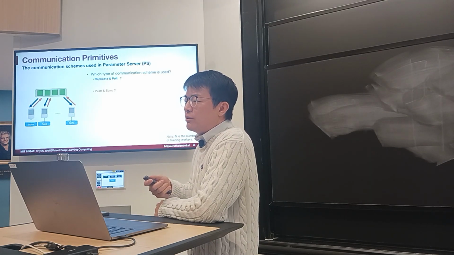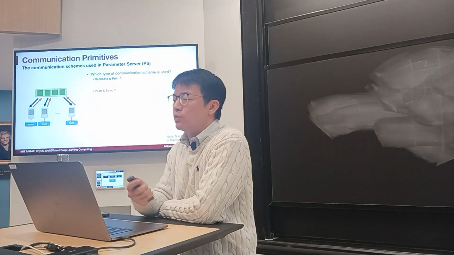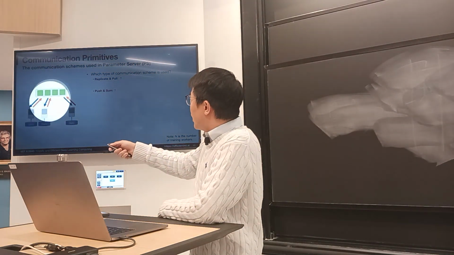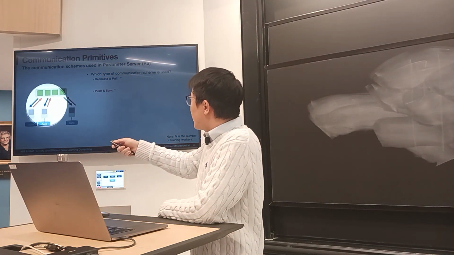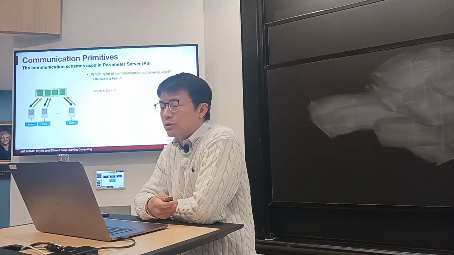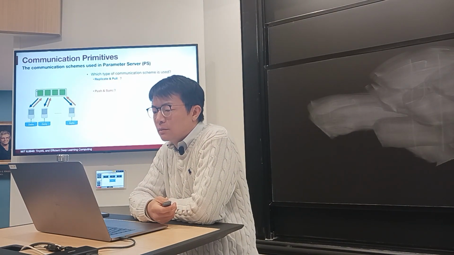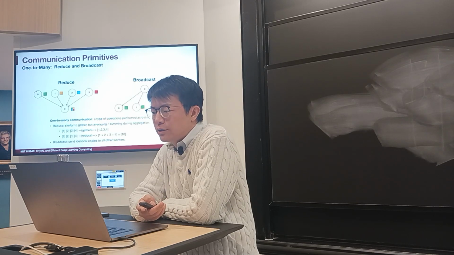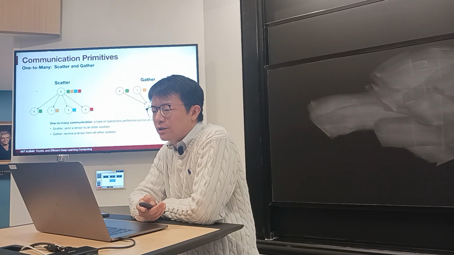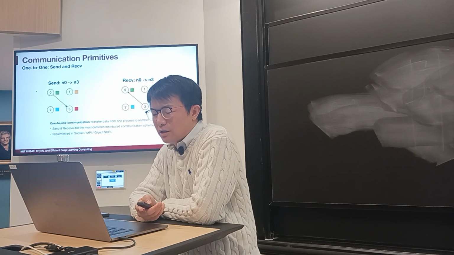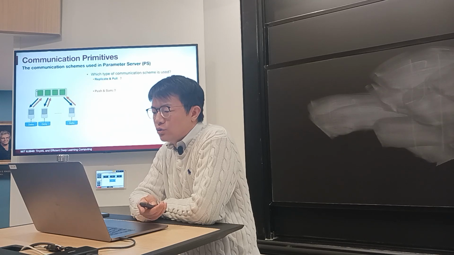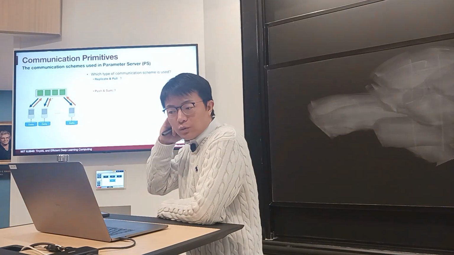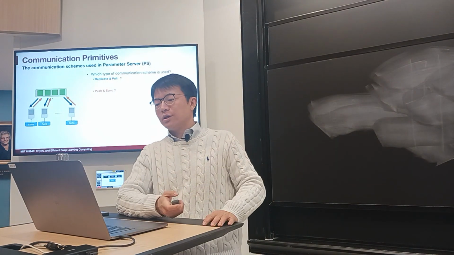So which type of communication scheme is used when we are replicating in the blue part versus in the orange part when we are pushing and summing the gradients? So we have all reduce, all gather, reduce, broadcast, scatter, gather, send, and receive. During the orange and blue operations, which communication primitive are we using?